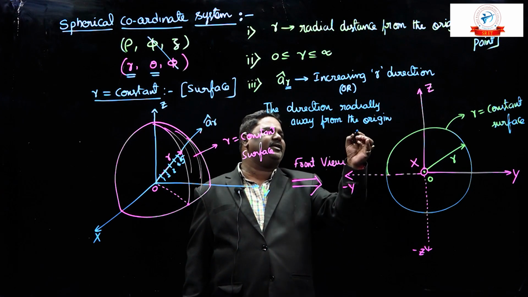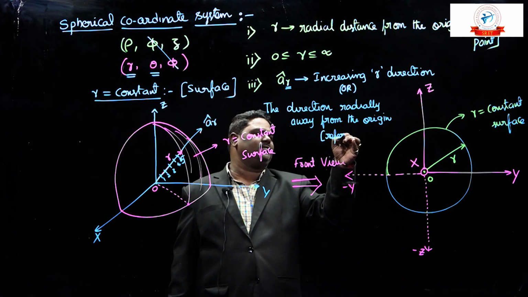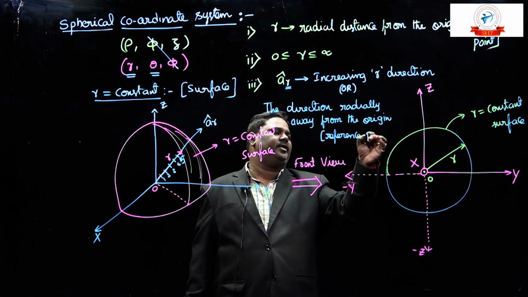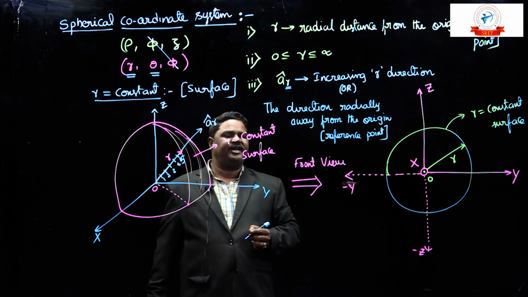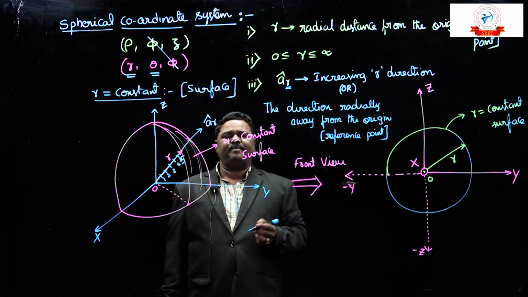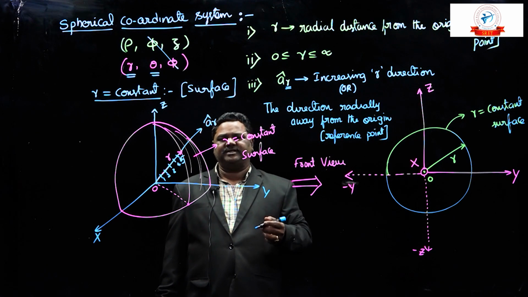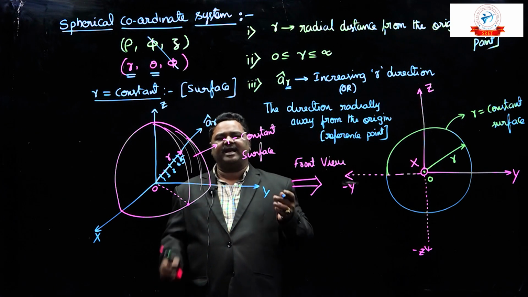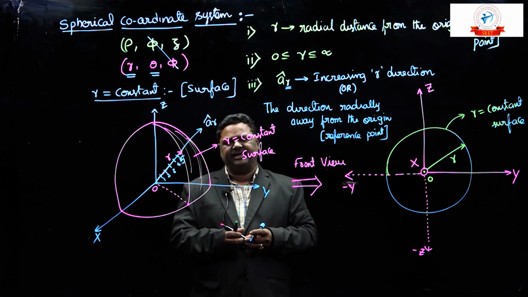The origin is nothing but the reference point. The direction radially away from the origin or reference point is nothing but AR cap. That means in electromagnetic fields, whenever we have any physical parameter that is moving radially away from a reference point, its direction is represented with AR cap.